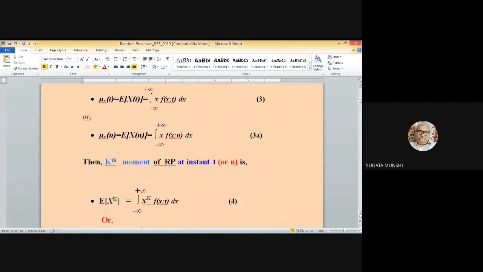So equation 4 is the expression for the kth moment of the random process at the instant small t, and equation 4a will give you the kth moment of the random process at the sampling instant small n.